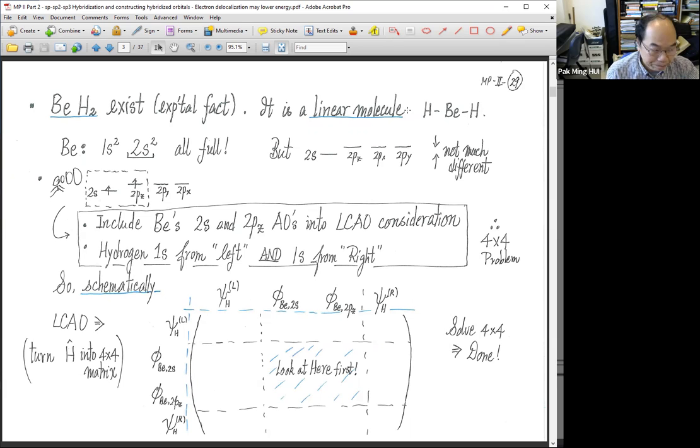Okay, so let's see. Now, first of all, from atomic physics, beryllium looks like something that is inert, but it is not, well, because it exists. Okay, it's inert because we thought 4 electrons, 1s2, 2s2, all filled, no fun. It doesn't care about anything.